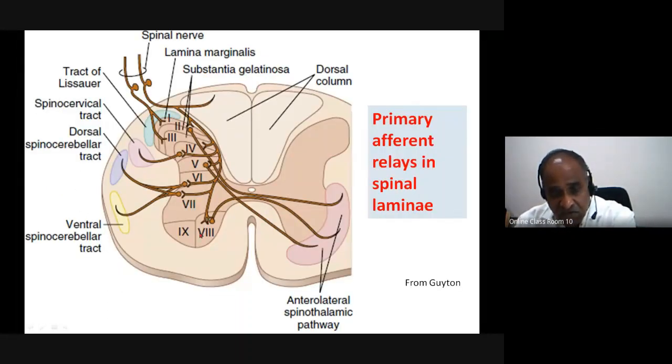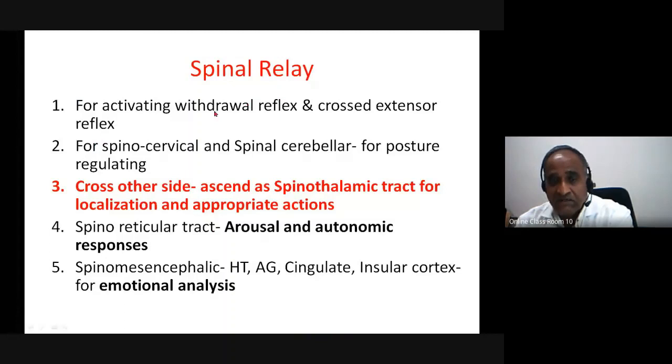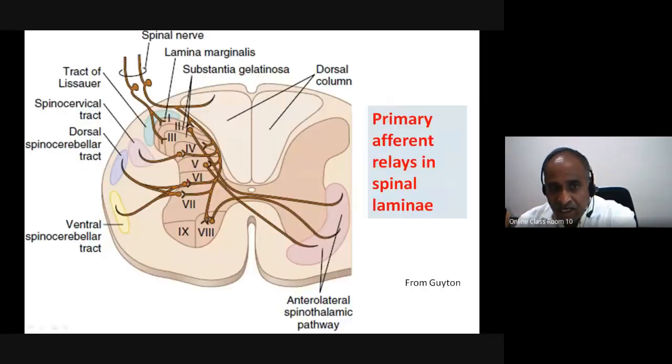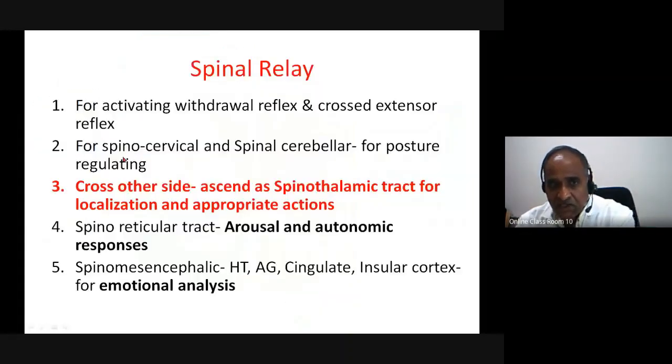Here, this is going to the motor neurons, alpha motor neurons. That is for activating the withdrawal reflex, and this withdrawal reflex is associated with a cross-extensor reflex. That's one part. The second relay I mentioned is the spinocerebellar tract. So that means the spinocervical and spinocerebellar tract for posture regulation. These are collaterals, they relay at the spinal level.